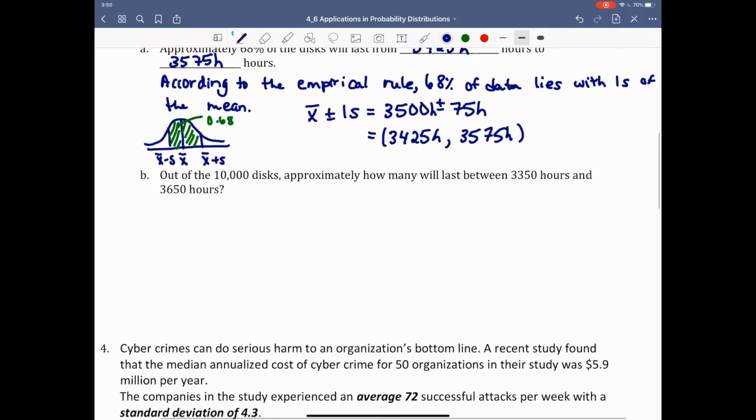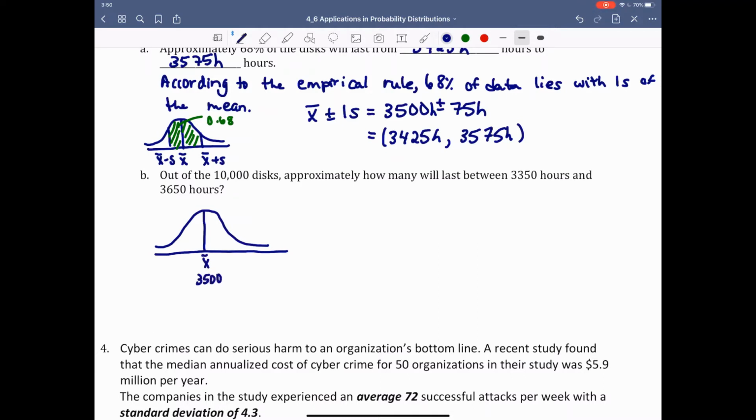In the next part, it's saying out of 10,000 discs, approximately how many will last between 3,350 hours and 3,650 hours? So if we draw this, we can choose to use the empirical rule here, or we can calculate the relevant Z values.